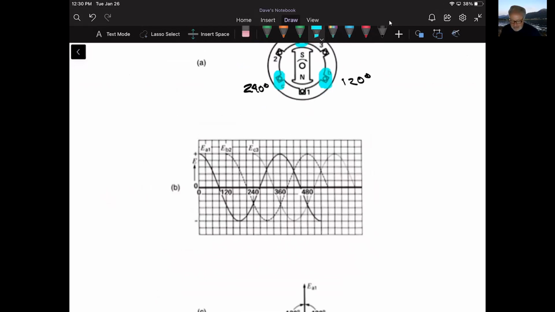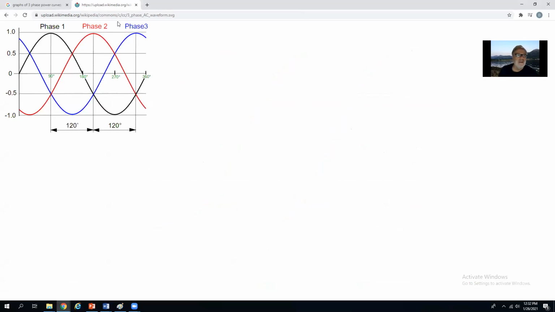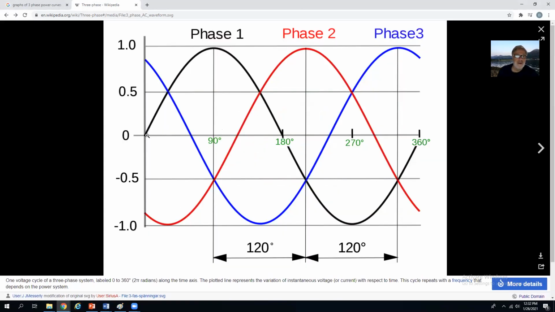So I think I have a better representation of that, something that's a little clearer. Let me bring that up for us to look at. So here's a better representation of the three phases of electricity. This would be phase one, or A, and it starts at 0.